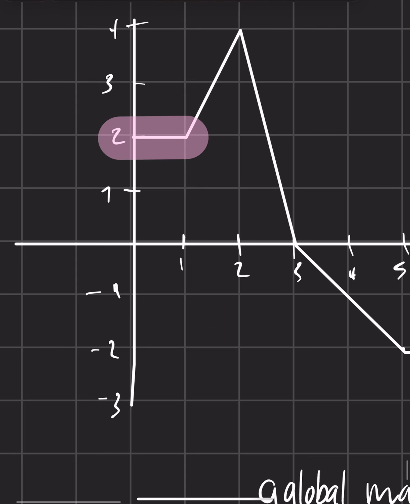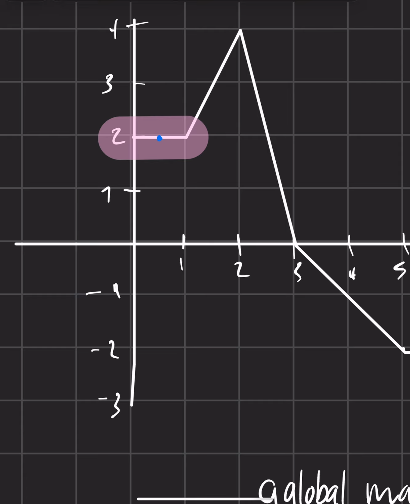Because say we're at this point right here. For something to be considered a local maximum, that means there has to be nothing else below it, right? So if we go further this way, nothing's below it. We go this way, nothing's below it either. But the same thing can be said about being a local minimum, because nothing's above it either. So it can be considered a local maximum or local minimum.